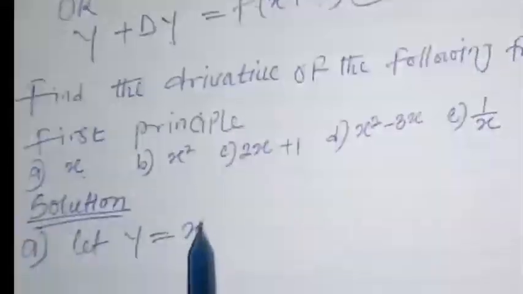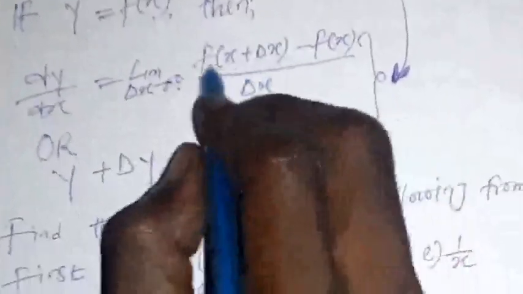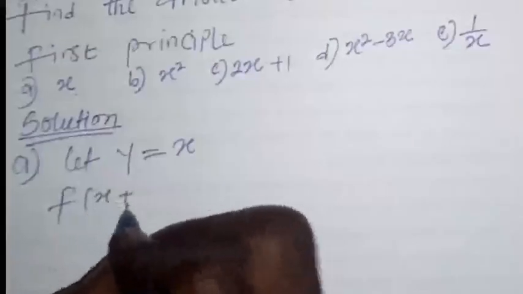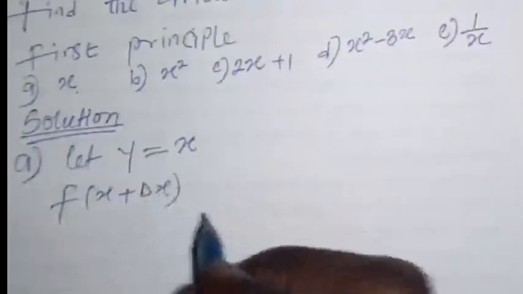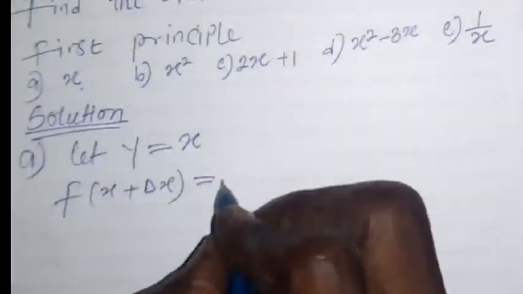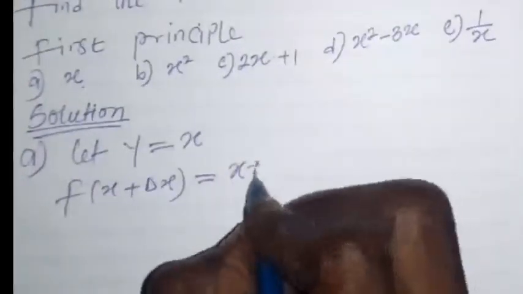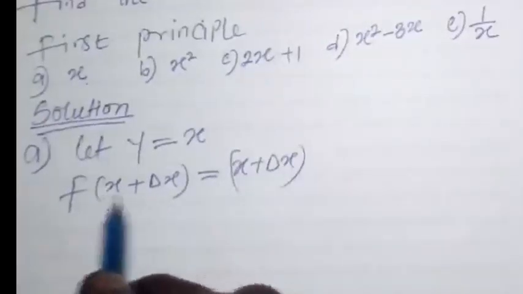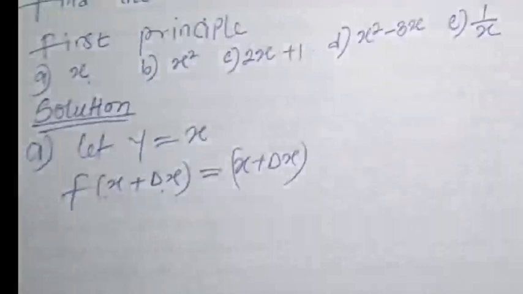In order to simplify all this expression, we start with the first expression, and the first expression is f(x + delta x), and this f(x + delta x) is the same thing as x + delta x. That is the function. This expression is standing as x.